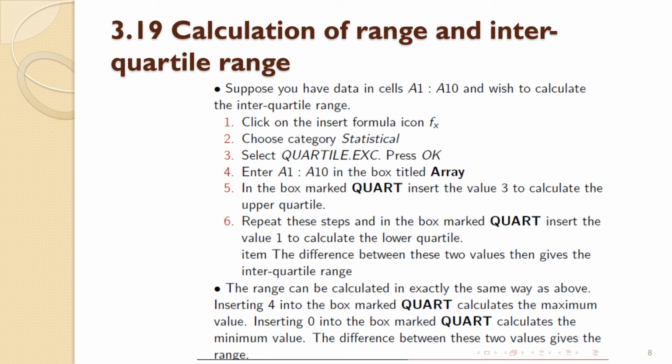The thing to watch out for when you do this is that the interquartile range should be positive. In order to calculate the range, follow the same steps, but you would need to use 4 in step 5 to calculate the maximum, and 0 in step 5 to calculate the minimum. The difference will give you the range.